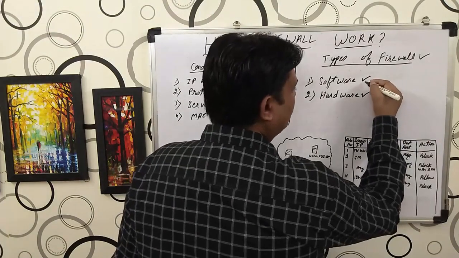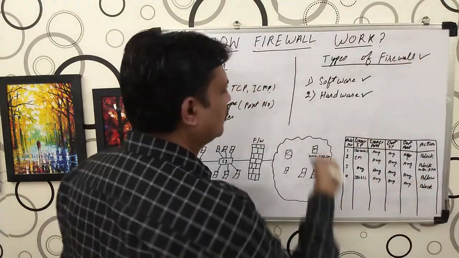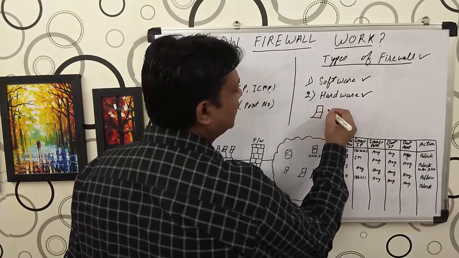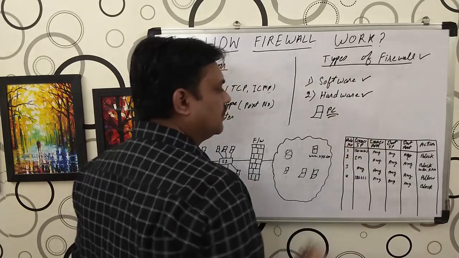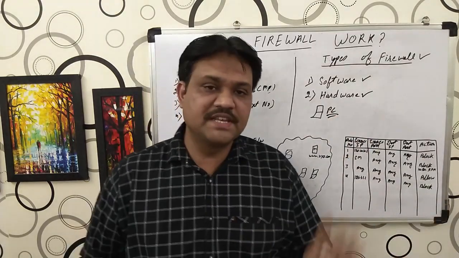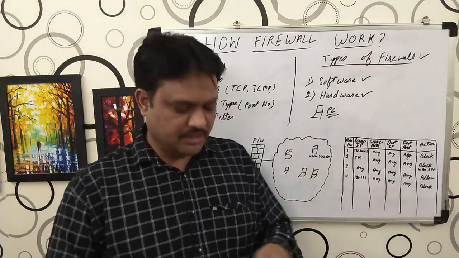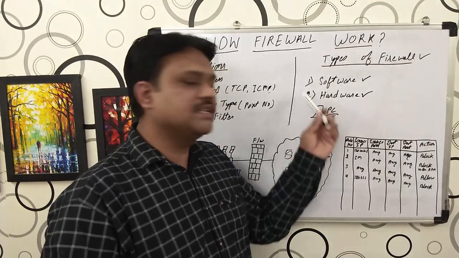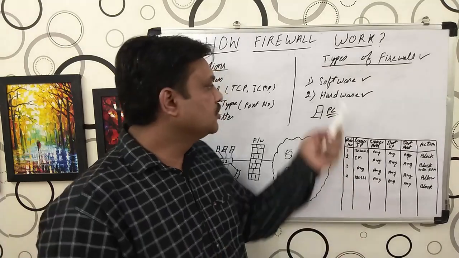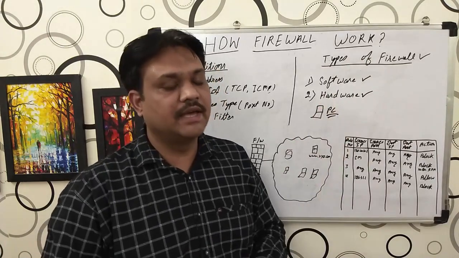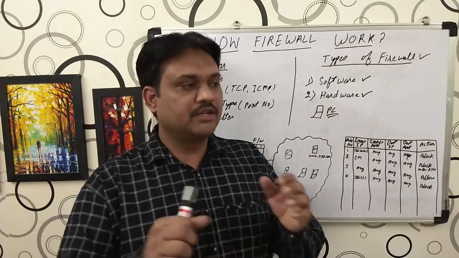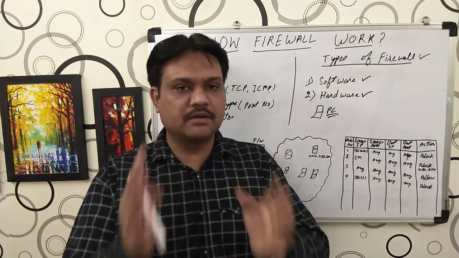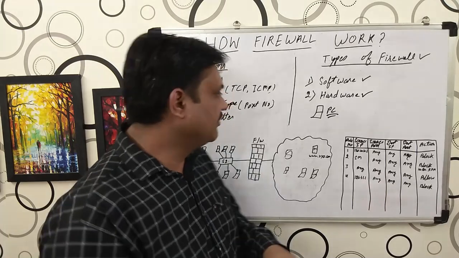So let's talk about the software firewall first. Say for example, you have a single PC at home which you are using, right? In your PC, a software firewall is available by default, whether it is your Windows operating system 7, 8, 10 or server, whatever it is.